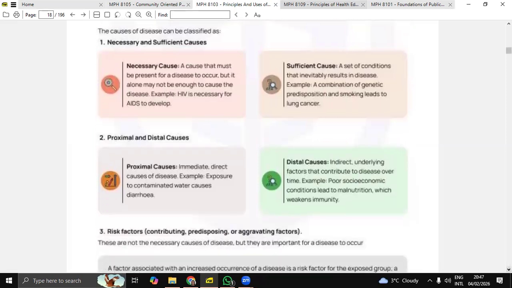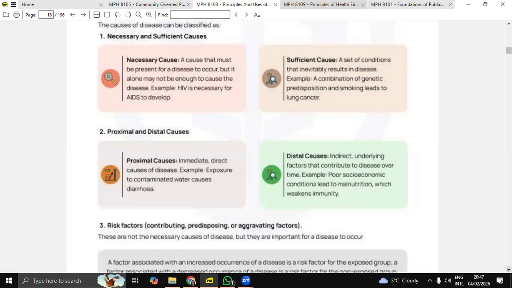Then the other way to talk about causes is proximal and distal. Proximal cause is the direct cause, the thing going directly, while distal causes are the ones that will result in that direct cause. So if, for example, we are talking about cholera, a person takes in contaminated water.